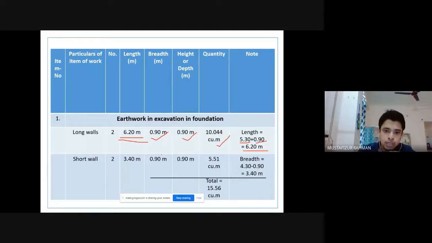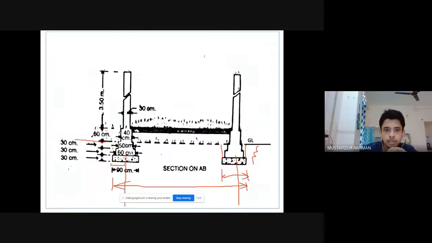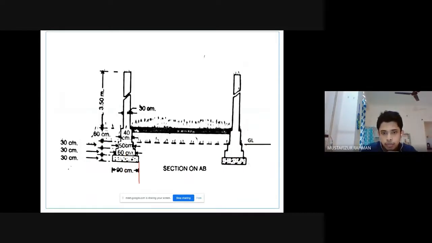Now we go to the shorter direction. In the shorter direction, what will happen? Now we have to calculate from inside to inside. We have the center to center length, and we have to subtract this half here and this half here.